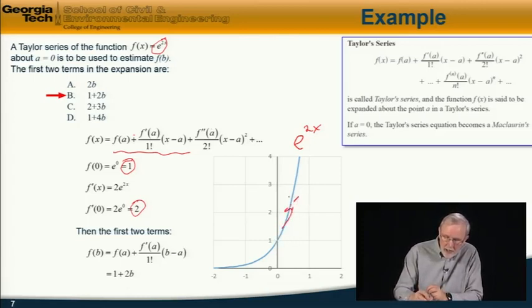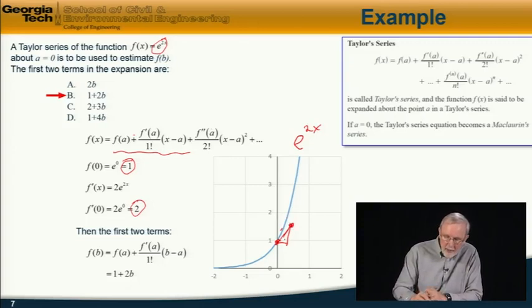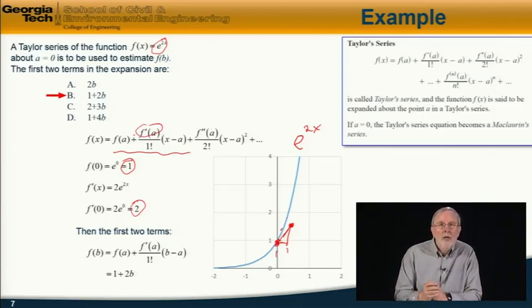In other words, the value of the function at some nearby place is equal to the value at this point, which is f of a, plus the derivative f prime of a, which is the slope of this line, multiplied by the horizontal distance from here to here. And that's what the first 2 terms are.